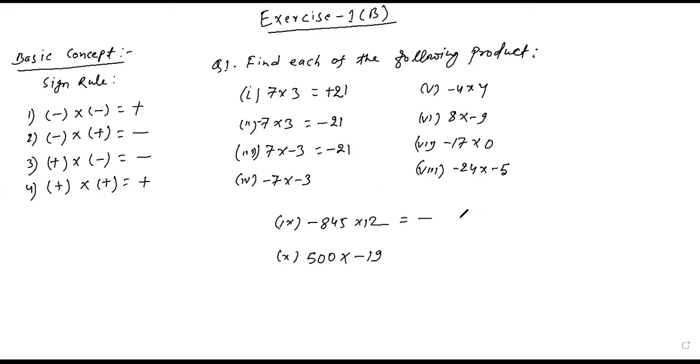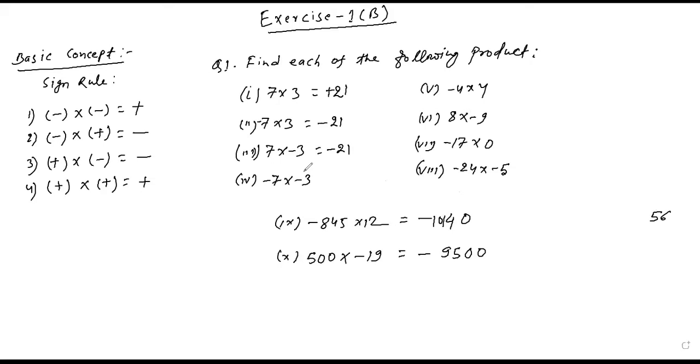Now multiply the numbers. 12 times 5 is 60, carry 6. 12 times 4 is 48, 48 plus 6 is 54, carry 5. 12 times 8 is 96, 96 plus 5 is 101. Okay, and here again, plus into minus, first minus. Now multiply 19 times 5, 95, and then 190.